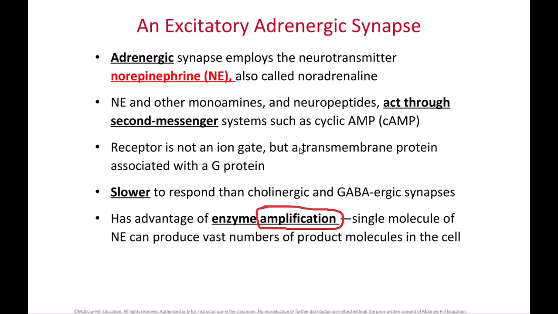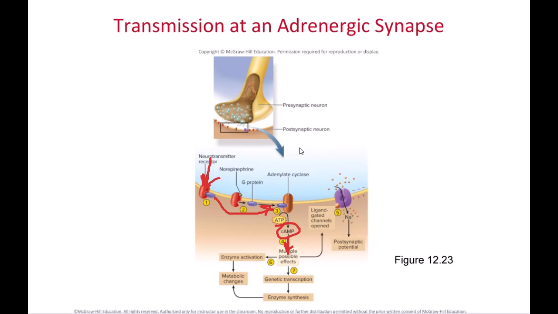Then we have our adrenergic synapses. Adrenergic synapses are going to rely on a G-protein coupled receptor. Instead of crossing the cell membrane, these molecules will bind to a transmembrane protein on the surface of the cell. And as that name implies, transmembrane proteins go from the extracellular to the intracellular side.